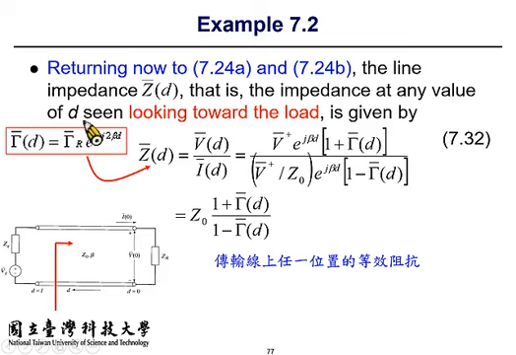So you see in this equation, gamma at d equals gamma R times exponential minus j2 beta d.